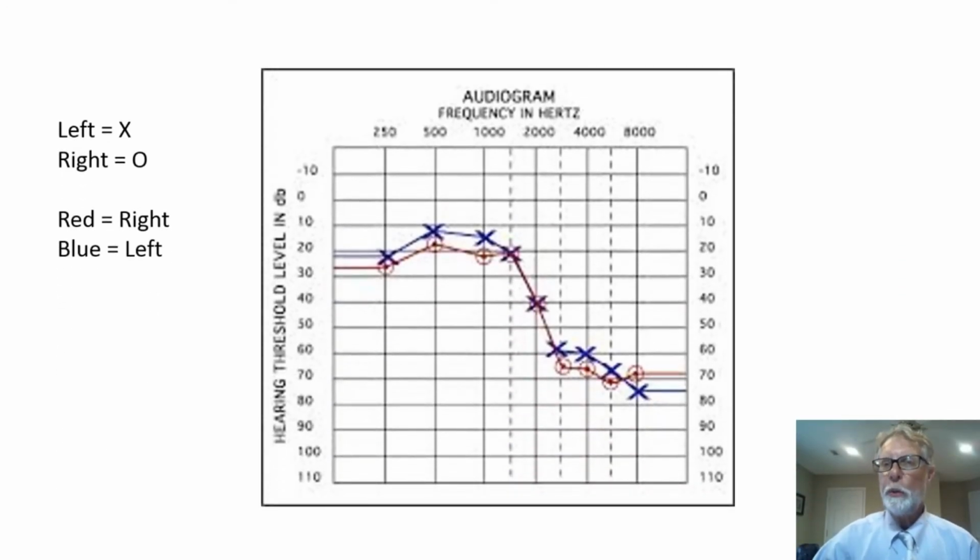And you would plot those thresholds, okay? And you would come up with an audiogram like this. Notice that on this vertical axis here, there's a 0 line. 0 is right here, and then 10, 20, 30, 40, and up.